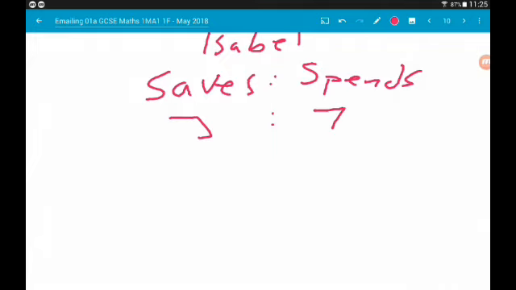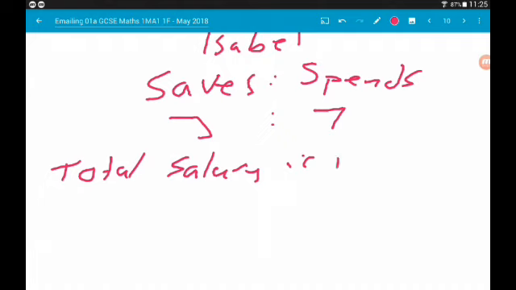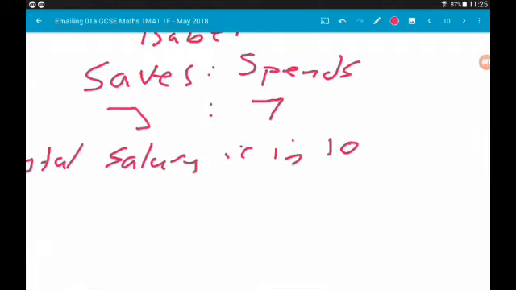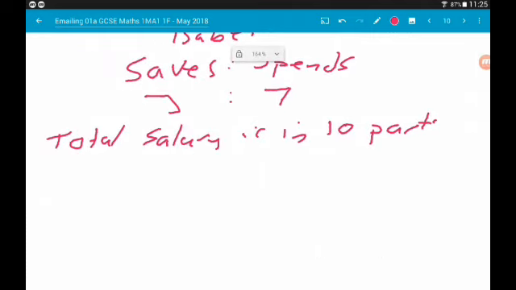So let's say her total salary is in 10 parts. Where that 10 comes from is 3 add 7. Now she saves 3 parts out of the total 10 parts.